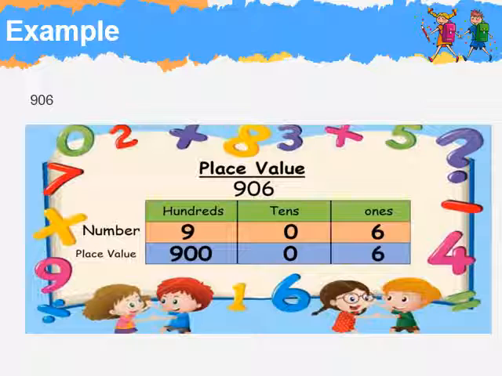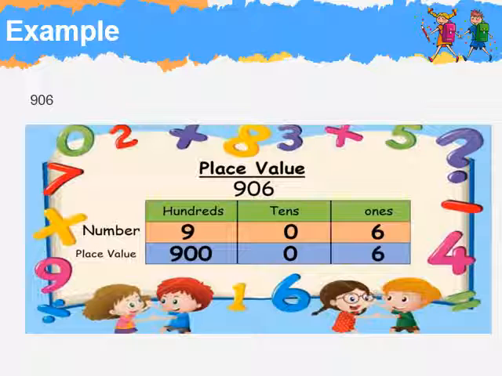Now children, look at their place values. Children, you will see that 9 is at hundreds place. So it means there are 9 hundreds. So children, the place value of 9 is 900.